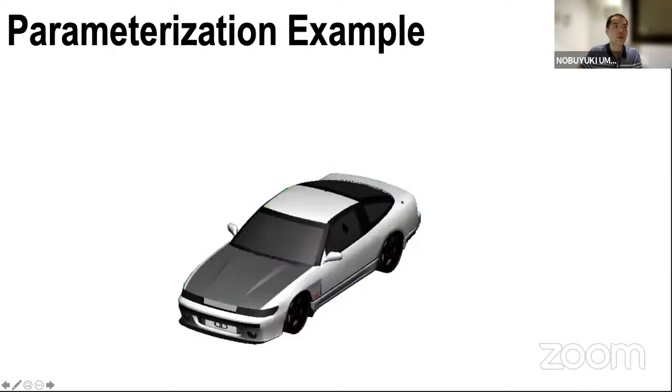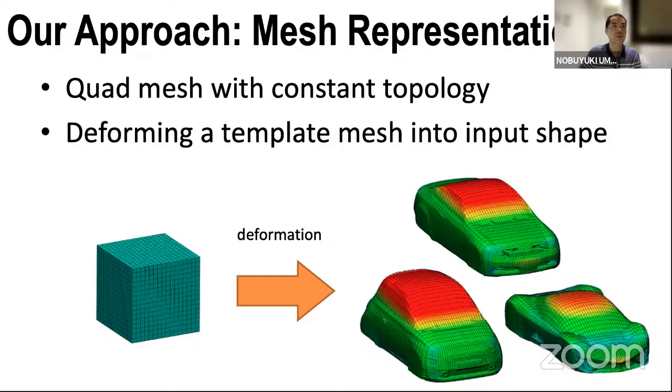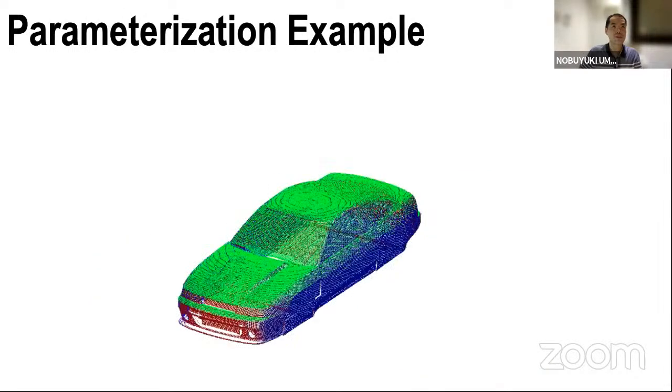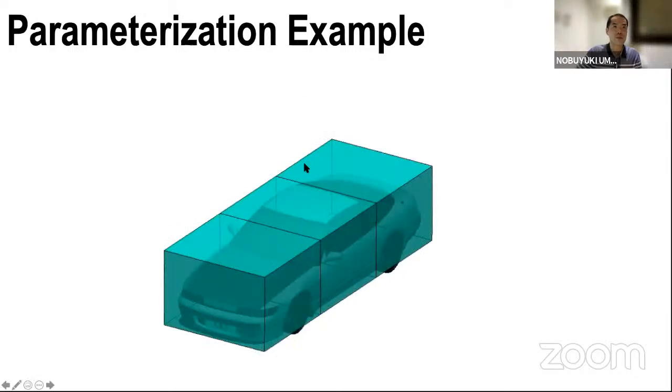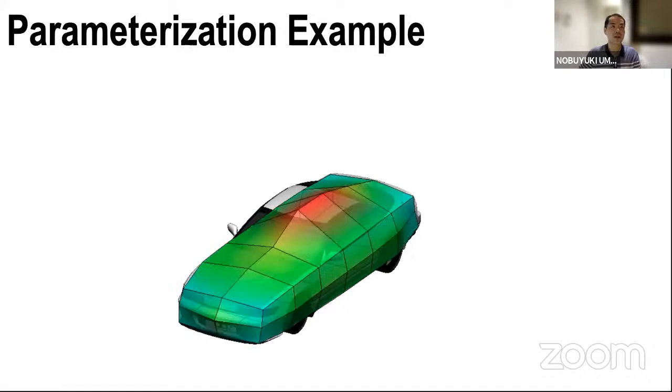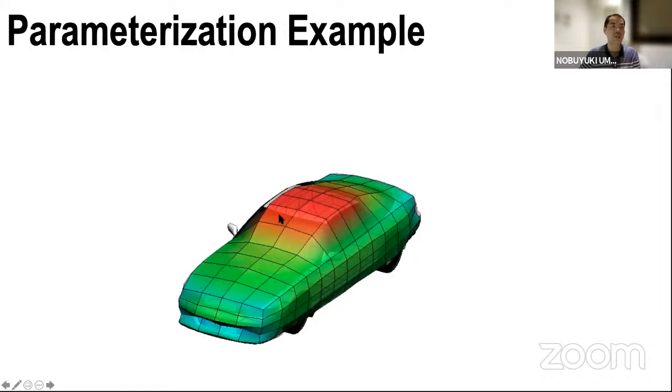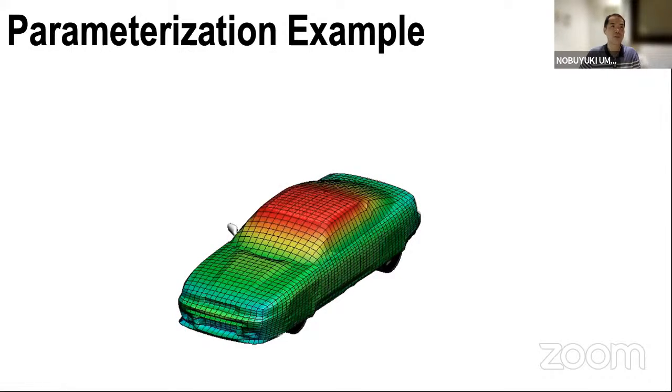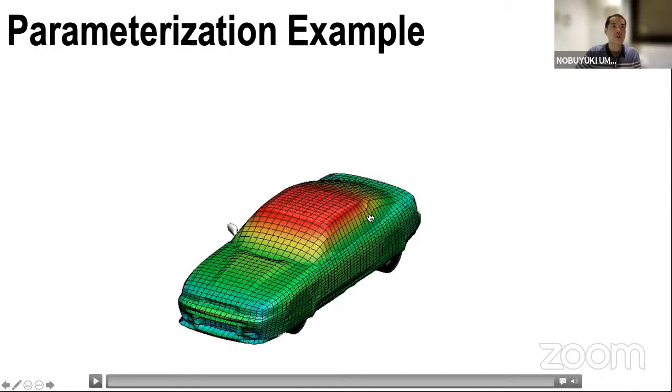This is an example of how we deform the template mesh into the input mesh. We first place the template mesh at the bounding box of the shape, and then we project the corner vertices of the template box. Then we subdivide and project the subdivision vertices onto the 3D surface. We iterate this subdivision and projection procedure until we reach a certain subdivision level.